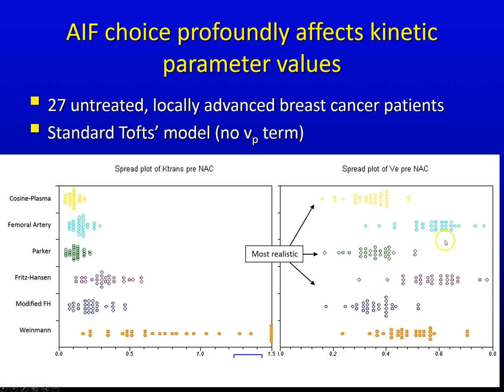For the others, you can see much higher values of leakage space than you would find physiologically. Certainly, you would not find 60% extracellular space in a tumor, which is what the femoral artery function would predict.